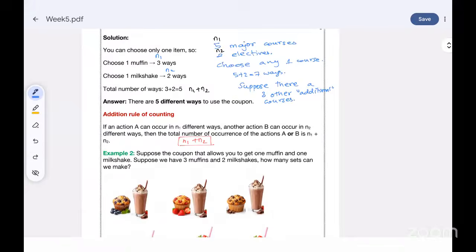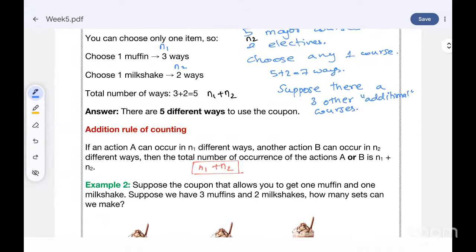So now you have N1 plus N2 plus N3, which is 5 plus 2 plus 3, so now 10, right? Okay, fine. So now we'll see the next scenario.